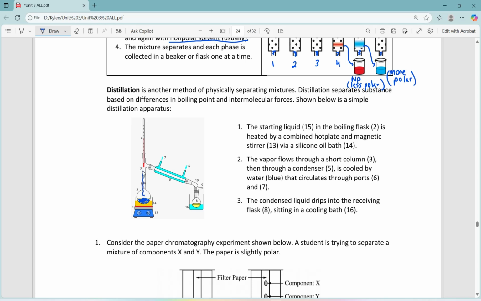And if one component starts changing into gas phase, it will follow this tube where it hits what's called the condenser. And the condenser essentially is pumping cold water into this tube, and it cools the gas and back into a liquid, and then it will end up as a liquid back on this side.